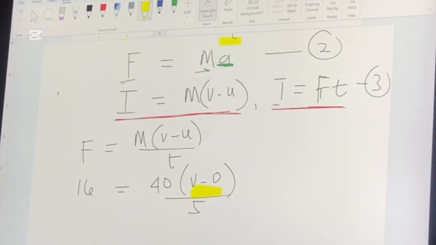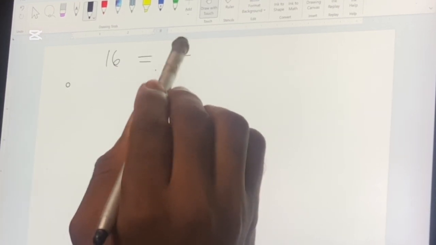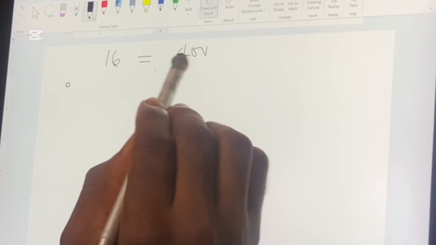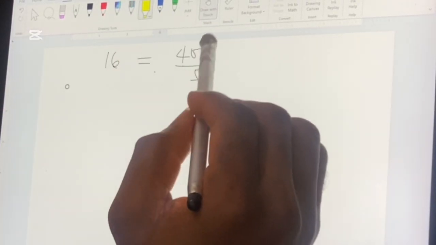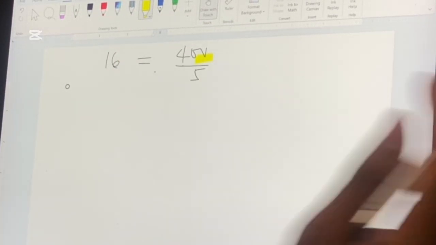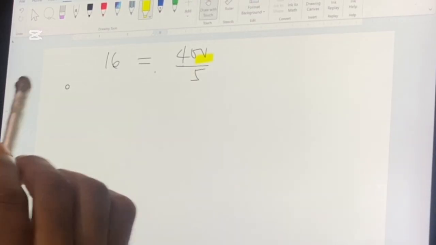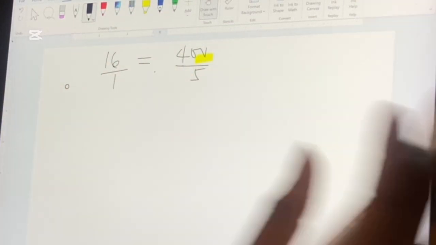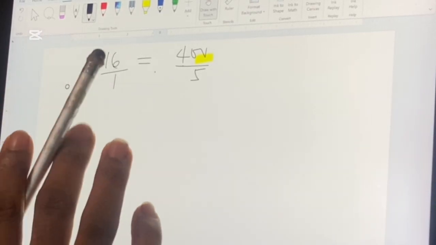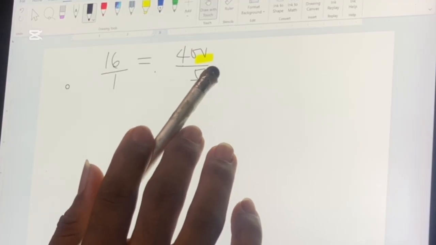So we'll have 16 equal to 40v over 5. But remember that our intention here is to make v the subject. So to make v the subject, I will cross multiply. Remember that 16 is the same as 16 over 1. In mathematics, whenever we have division at the left-hand side and division at the right-hand side, we cross multiply.